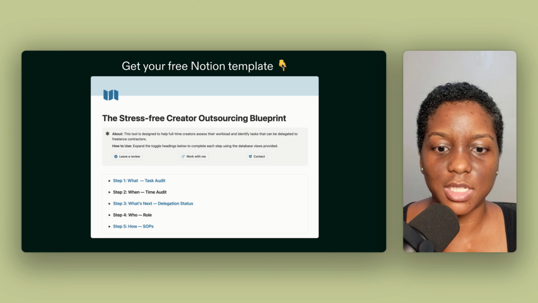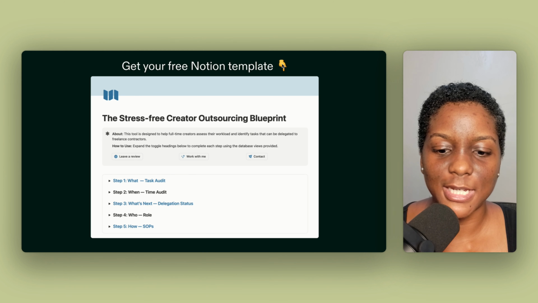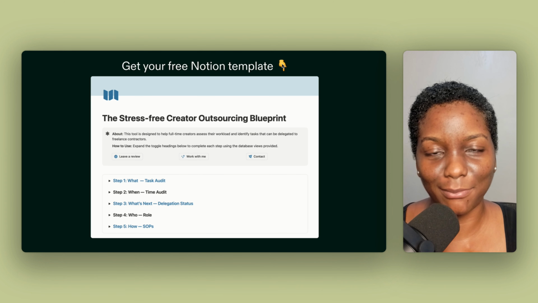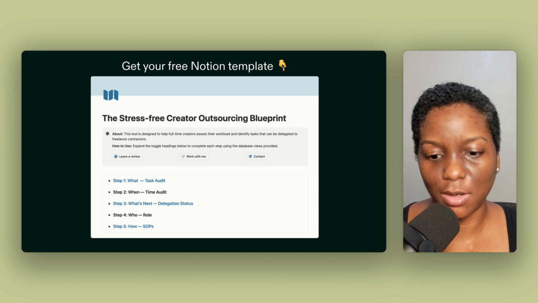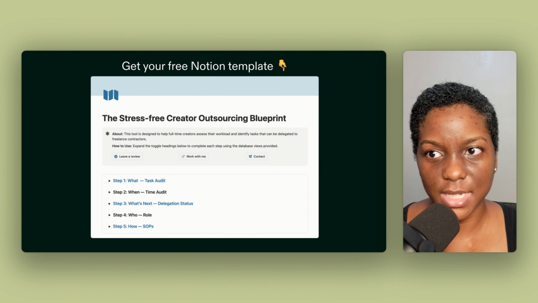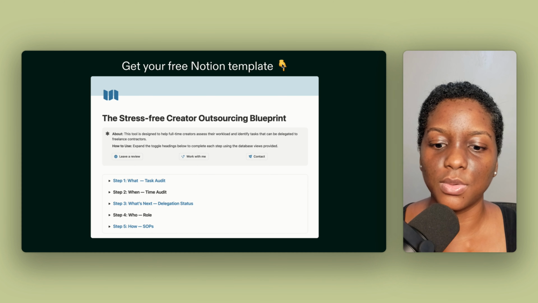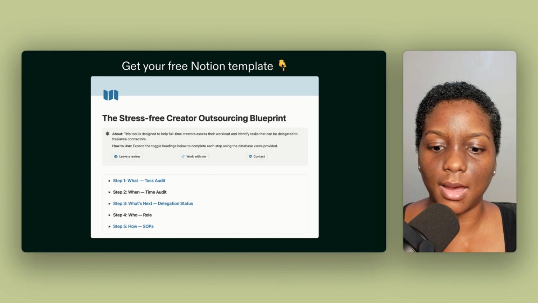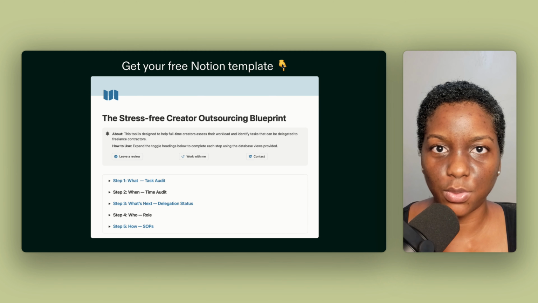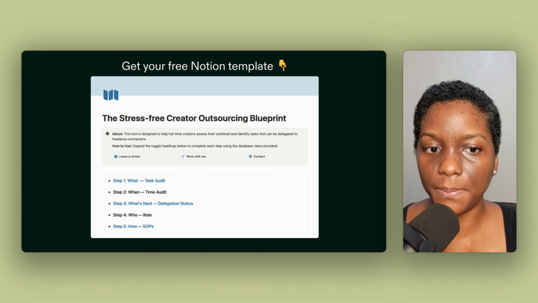The template is so incredibly easy to follow, and I'm sure it's going to save you a lot of time, firstly, so you're not writing all of these things out, but it's also going to just give you a really nice structure. Everything is going to be in one place so that you can then use these same SOPs and hand those over to the roles and to the persons that you hire in your business.